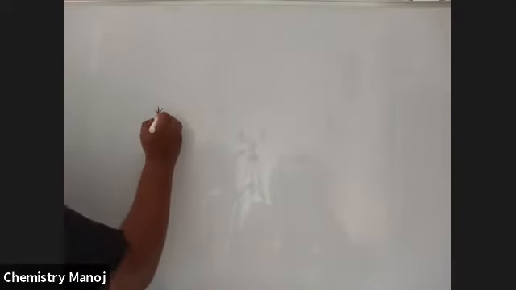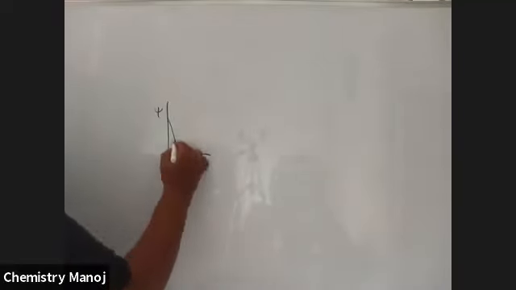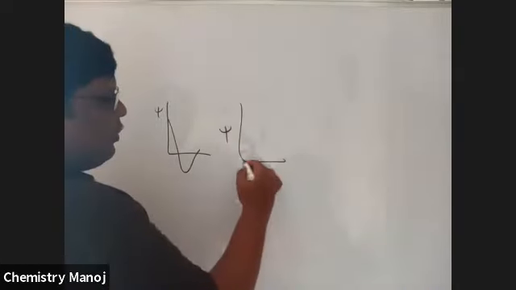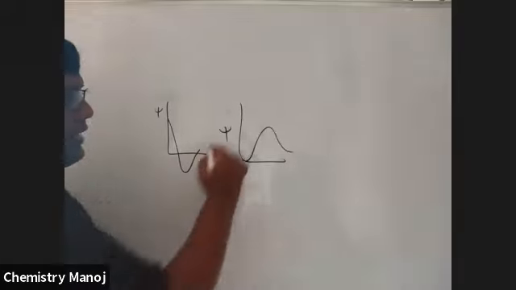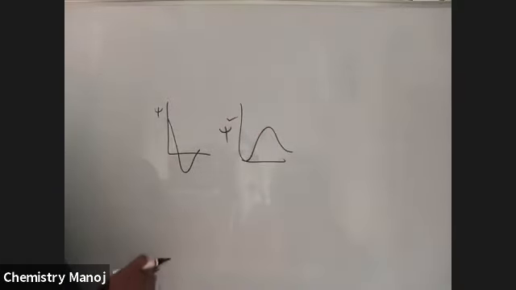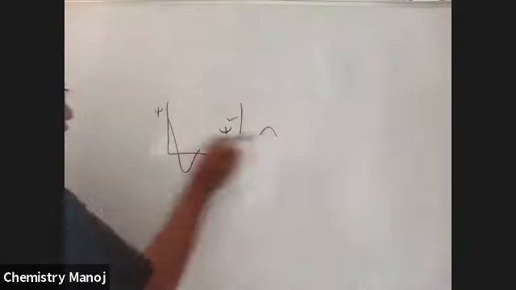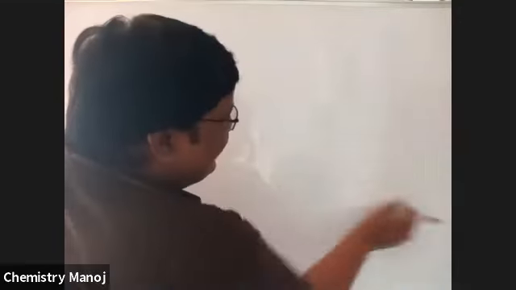If psi is used in a plot, both positive and negative values are possible. If psi square is used in the plot, only positive values are applicable. So please keep that in mind, and you should identify the variations. R square also includes the psi square, so that is also a square condition. Only positive sides, where the curves are plotted.